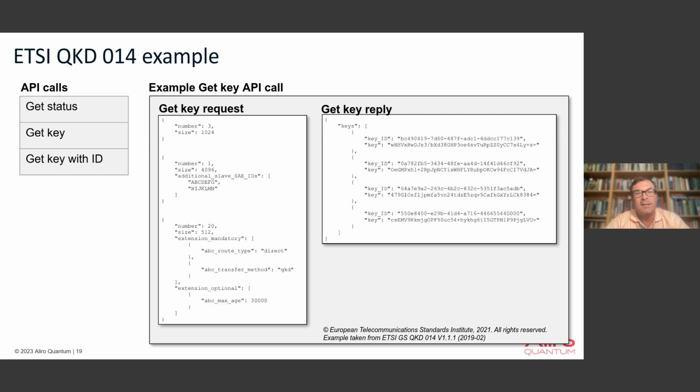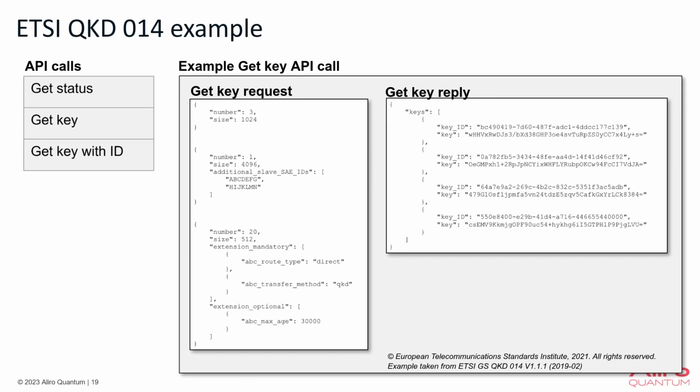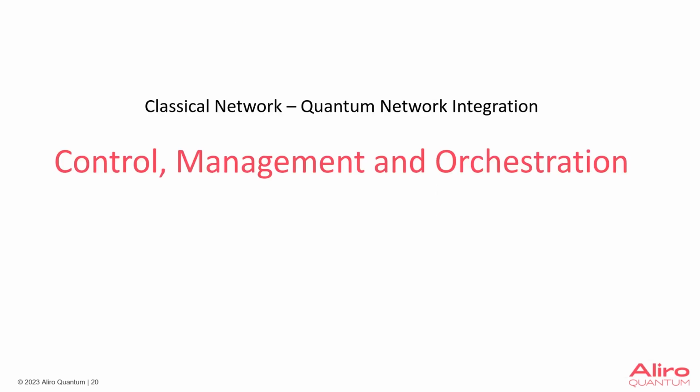And then on the right, you can see an example get key reply message. This is the message that the quantum network sends back to the encryptor to actually provide the requested encryption key. Each provided key has a key ID and the actual key value itself. Now, this REST protocol between the encryptor and the quantum network is, of course, itself encrypted and mutually authenticated.